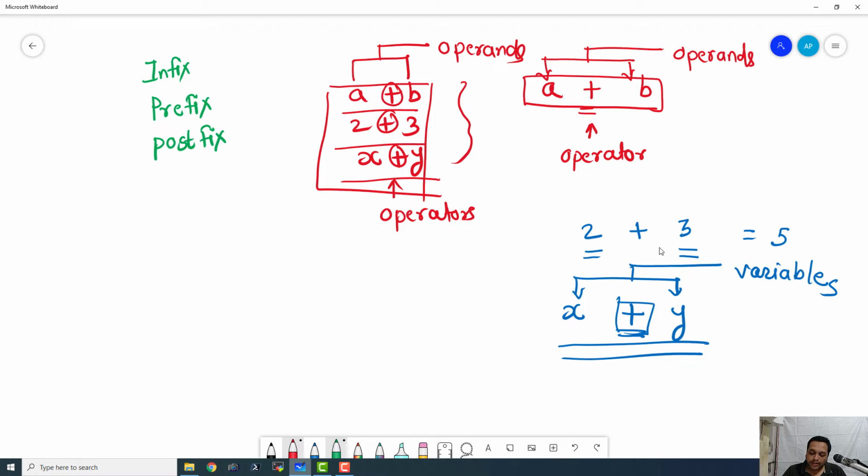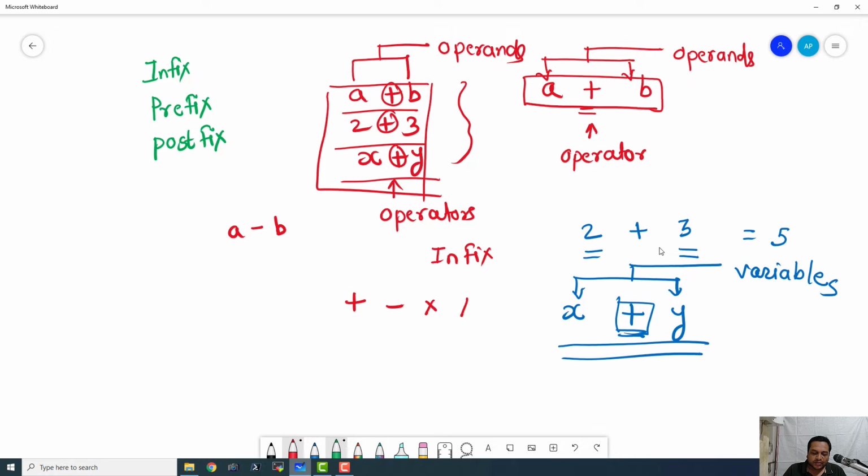So this is known as infix because the operator is in between operands, and this is true for all the other binary operators. So let us see how many binary operators we know. Binary mathematical operators are plus, minus, multiplication sign, and division sign. So we can write this as a minus b.